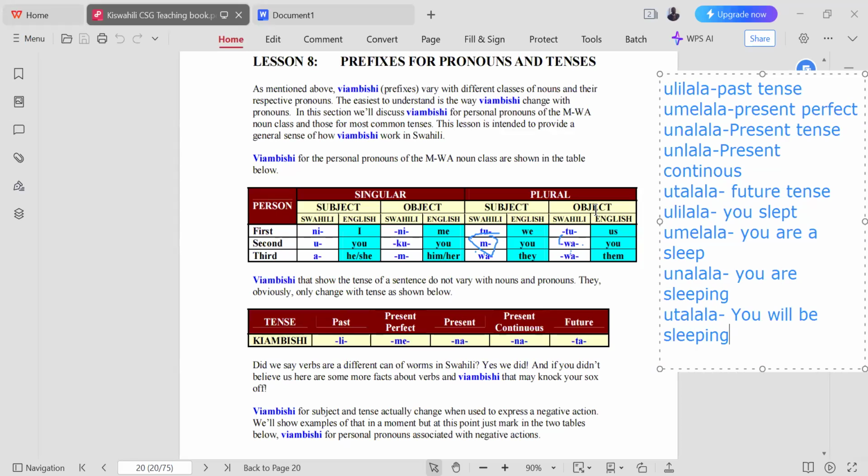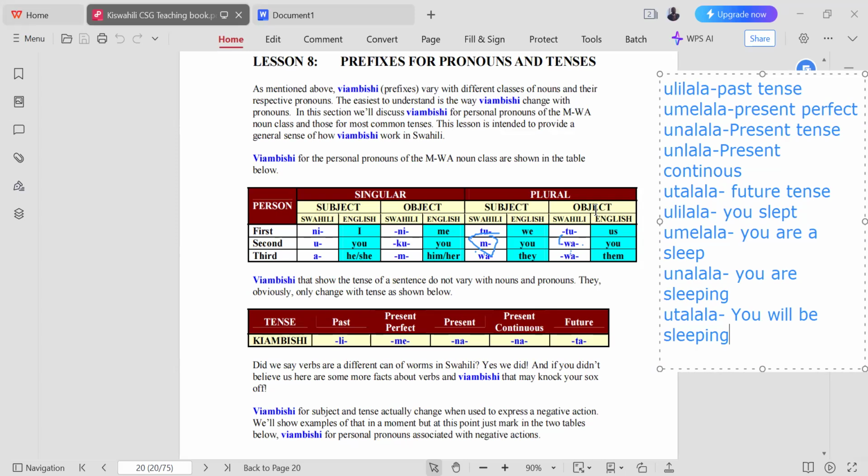There is no longer Sister Valerie alone. It's Valerie and Gleroy. So what will you say? Yes, the right word is the plural. Mutalala. Yeah, that is it. You will be sleeping.